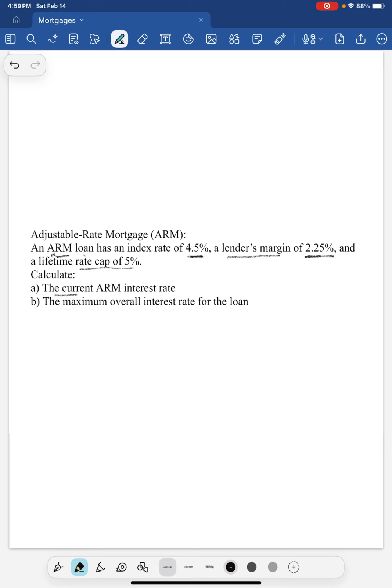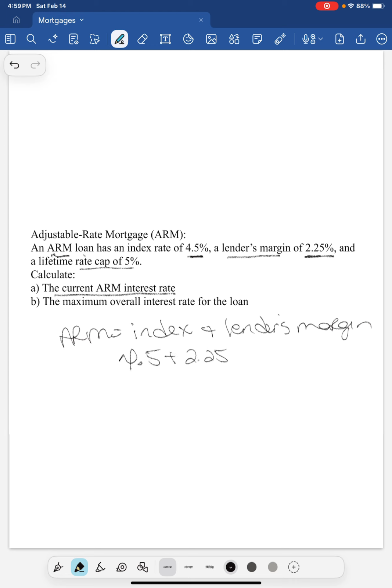So it wants us to find the current ARM interest rate, which is ARM is equal to index plus lender's margin. Easy peasy. We take the 4.5 plus the 2.25, and we get 6.75 is the current ARM interest rate.